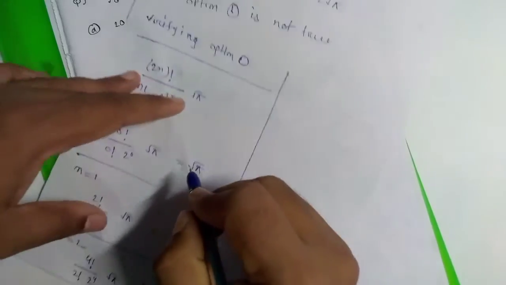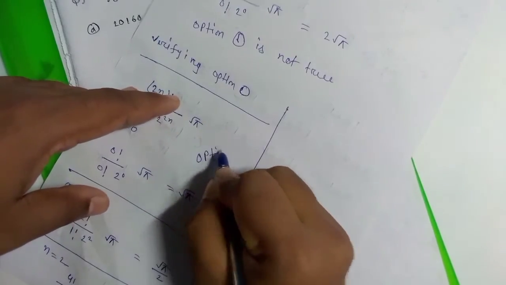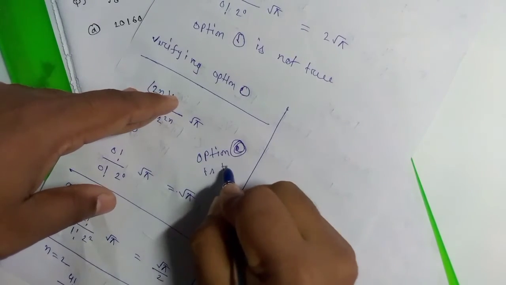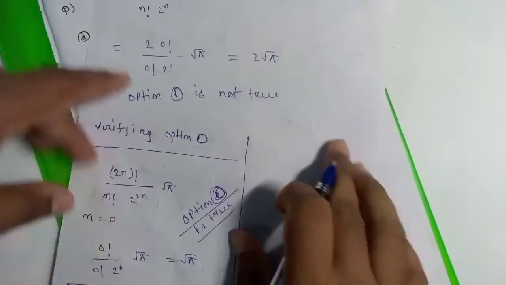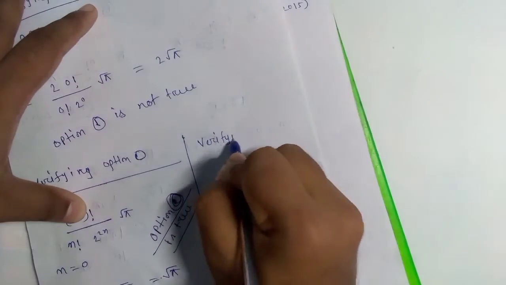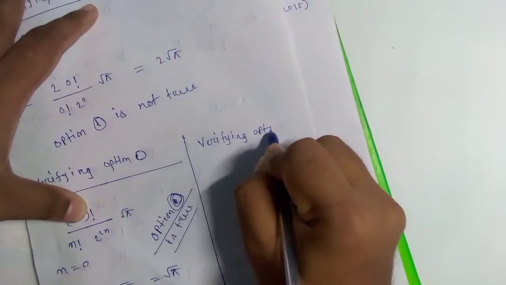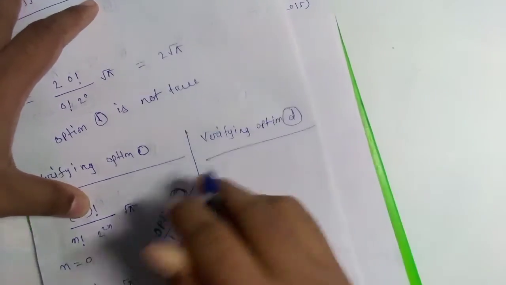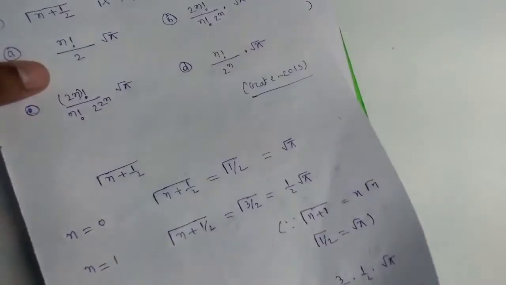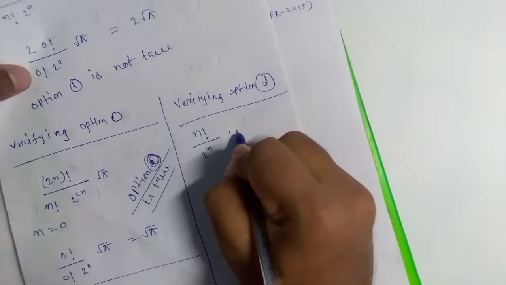Okay. So option C is true. Now verifying option D. Option D is n factorial by 2 to the power n into root pi.